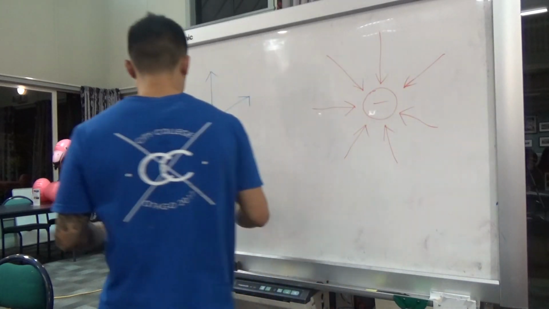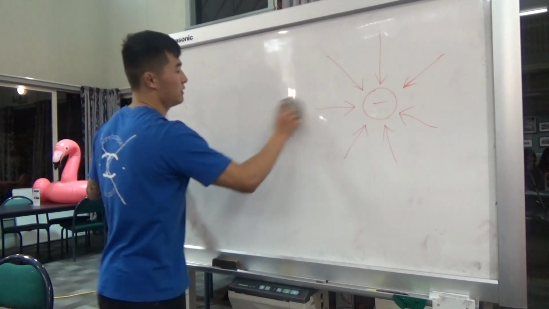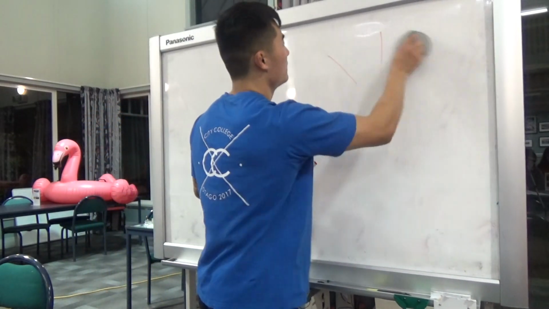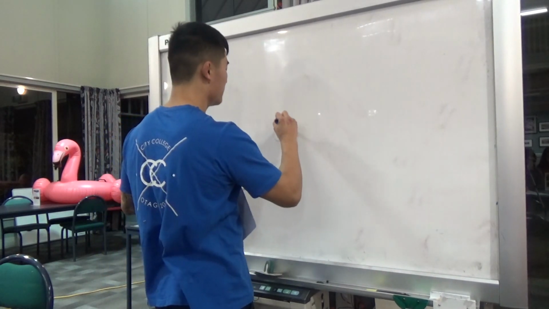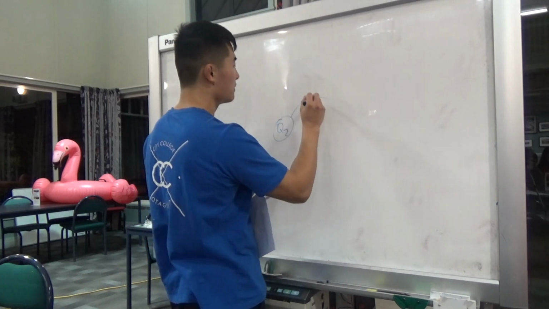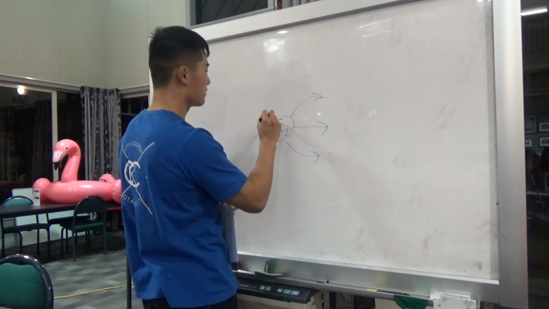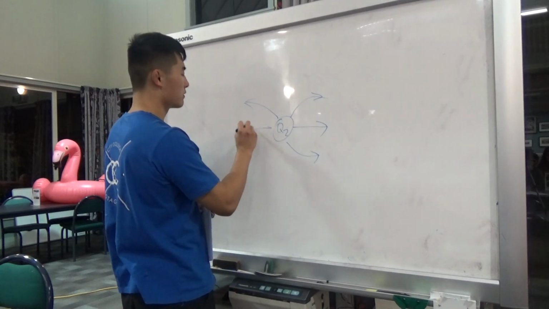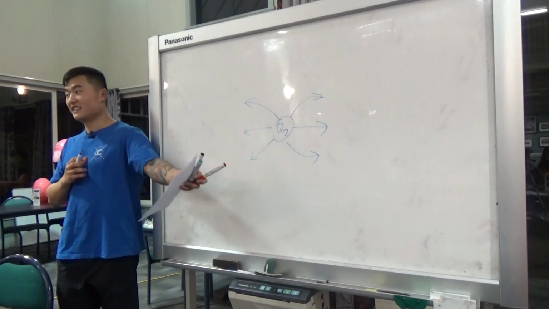Okay? So if you look at that diagram, the one in the middle, Q2 has lines coming out of it. So is this going to be positive or negative?